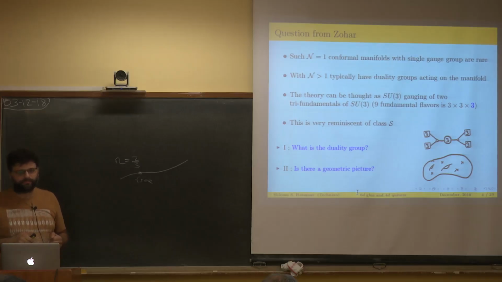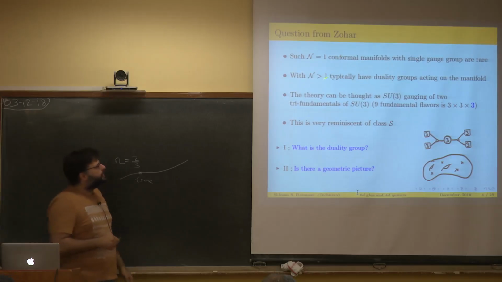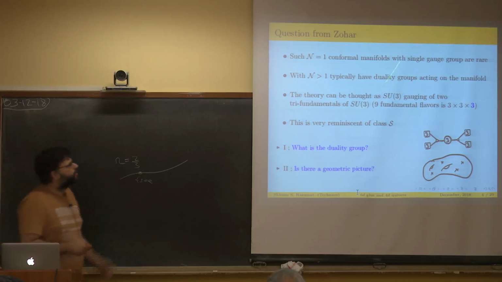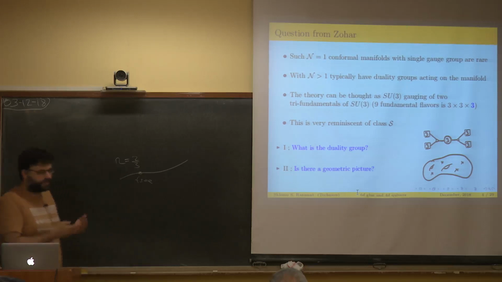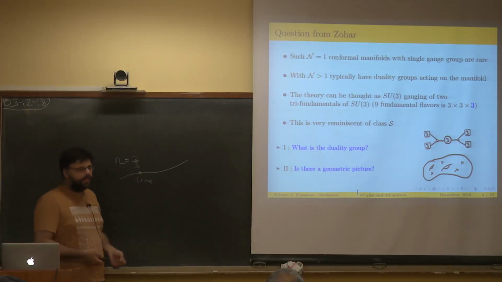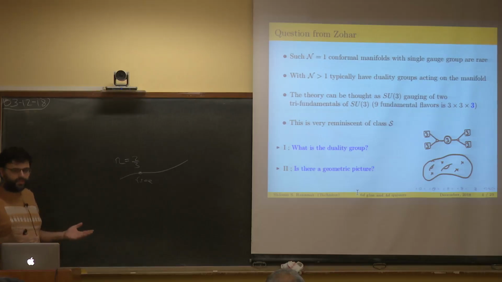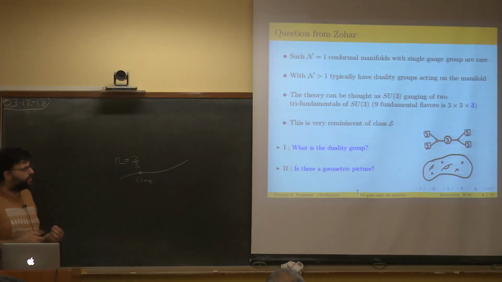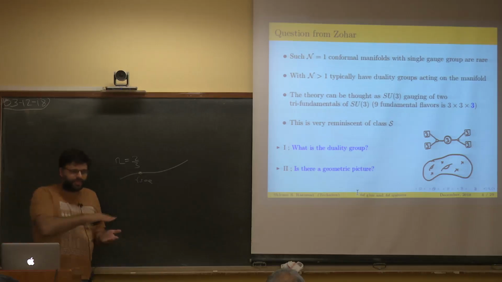Okay, so this fact was stressed to me by Zohar Komargodski several years ago, like 2 or 3 years ago. So again, the nice feature of this theory is that it has a conformal manifold which passes through zero coupling, and the conformal manifold is large. In the cases that I mentioned with N equals 4 supersymmetry and with N equals 2 supersymmetry, when such things happen, we usually know of some interesting duality groups which act on the conformal manifold.